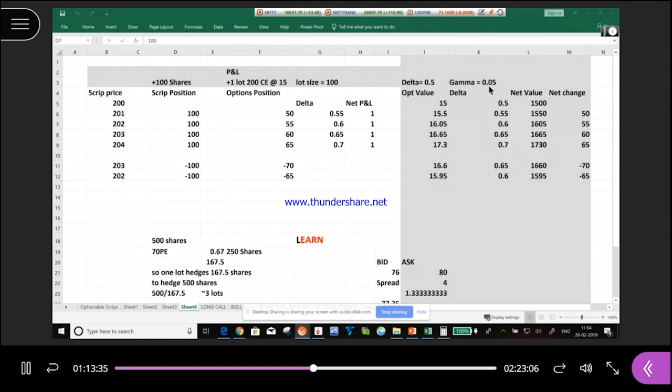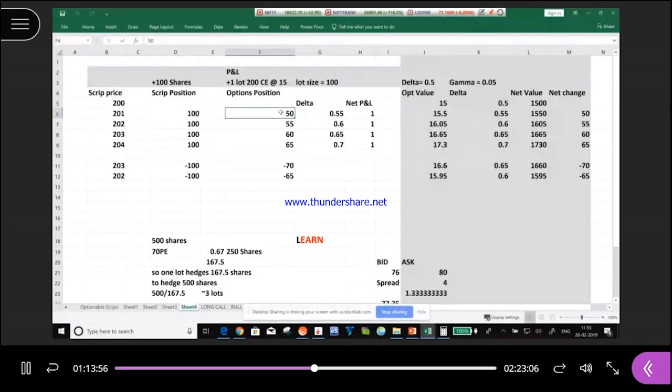Okay, so the gamma is 0.05. Now, delta is 0.5 means how many soft deltas do we have in this lot size of 100? 50.